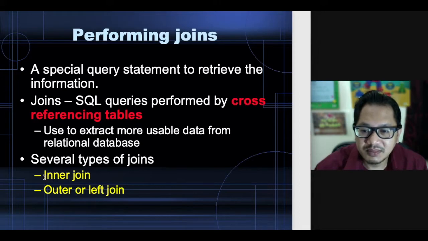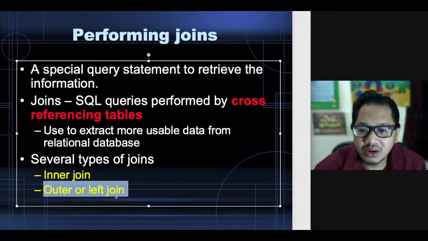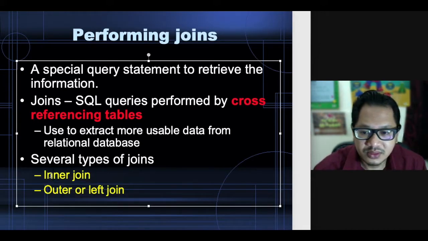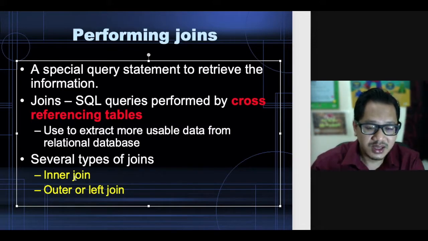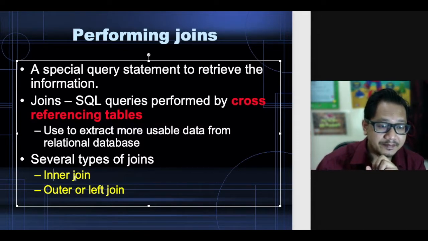It can be inner join, outer, or left join. Kalau inner join, you have like a circle, this one circle, and then the other circle yang bertindih tu. Itu inner join. So dia akan get yang mana yang bertindih tu, dia akan select.